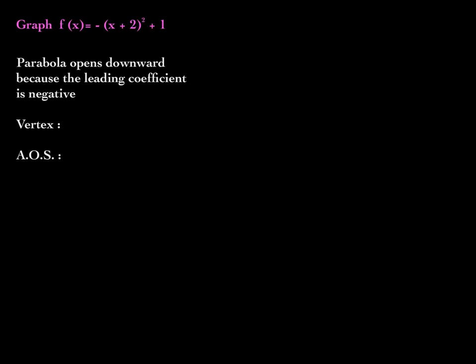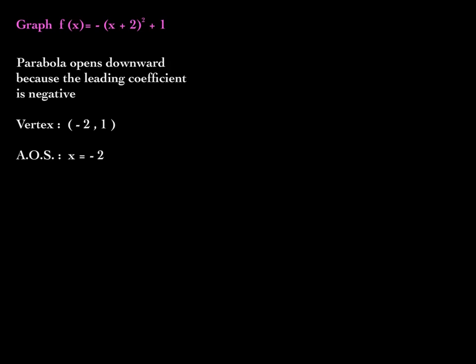So the vertex starts with -2. And as far as your k value is concerned, take exactly what you see, which is +1. Now your AOS is the vertical line about which your parabola is symmetric. So it's x equal to that first coordinate in your vertex, x = -2.